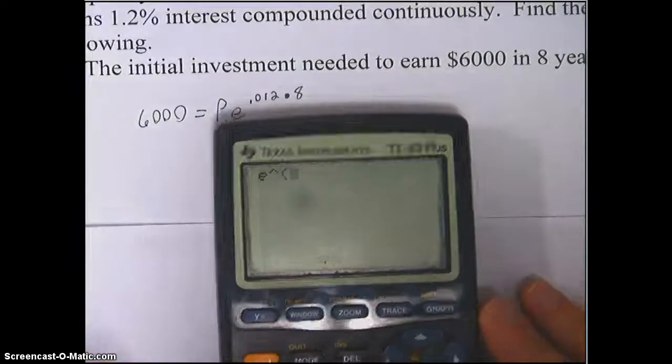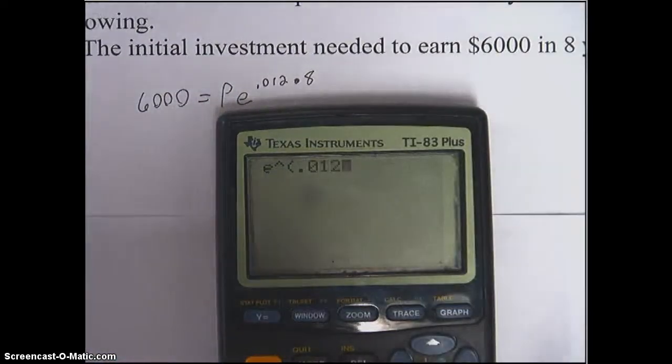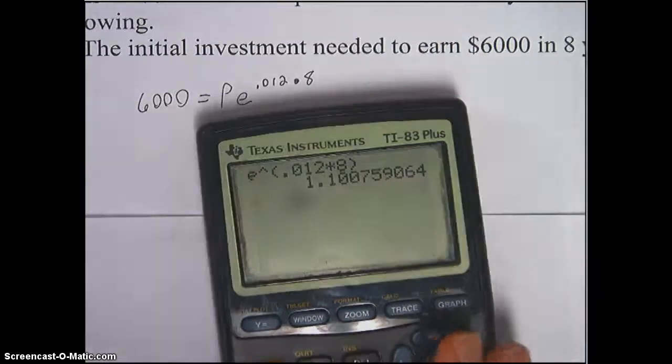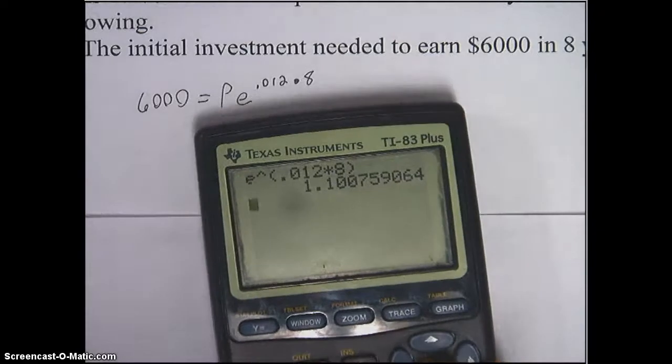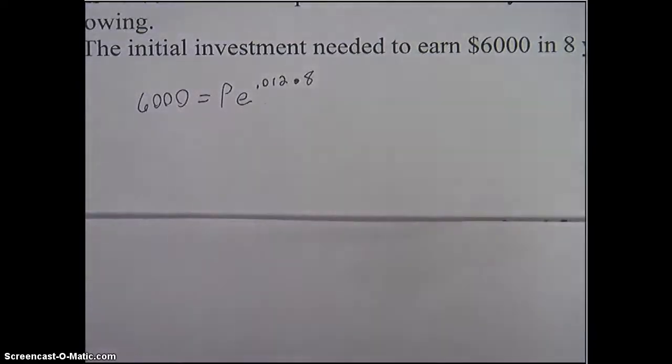In this case, we want 0.012 times 8. It's going to spit out a number, about 1.1 decimal. I'm not going to change the number just yet. I'm going to keep it in the calculator. You'll see why in a moment.